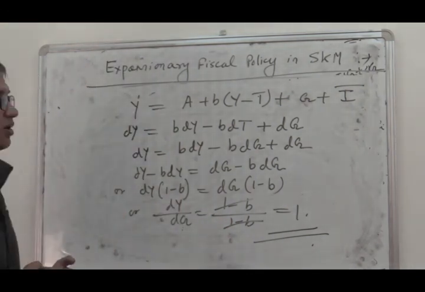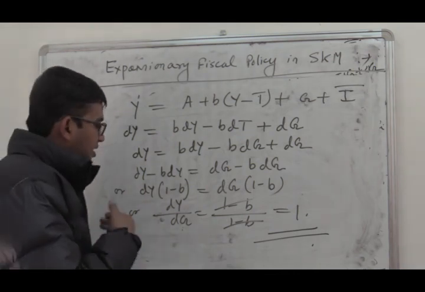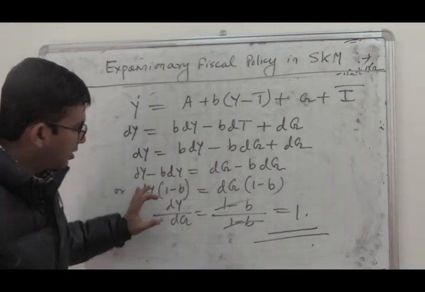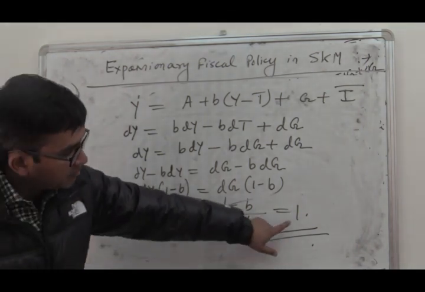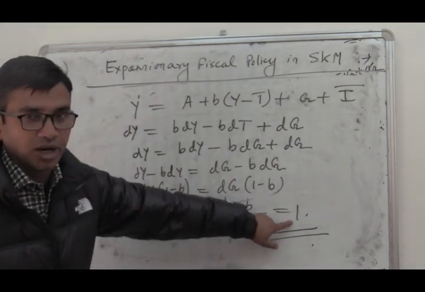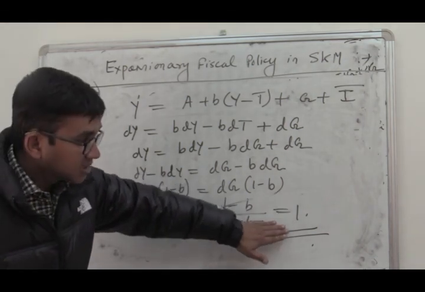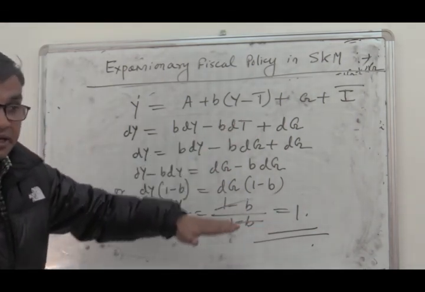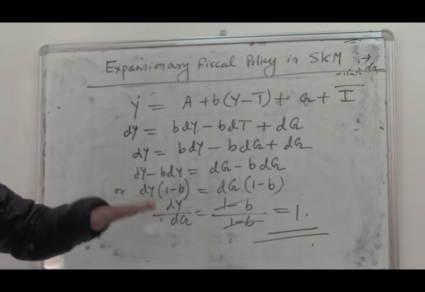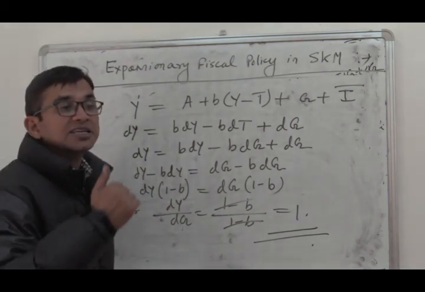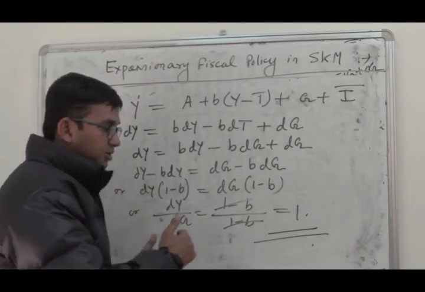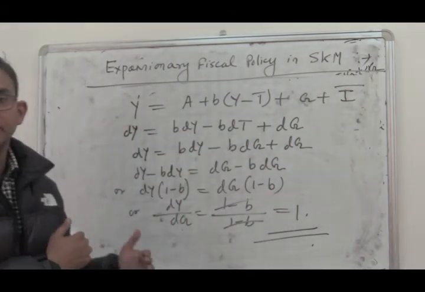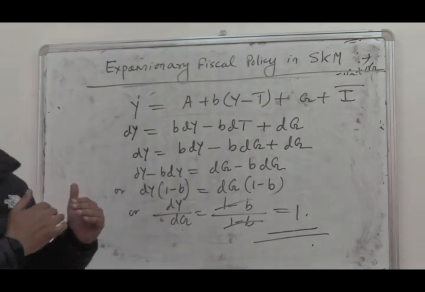In this case, national income will definitely increase, but it will not have the multiplier effect. The multiplier value will be 1, not more than 1. To some extent, the effect of increase in government expenditure is nullified by the effect of increase in taxation. That's why it becomes 1. So these are the multipliers in the simple Keynesian model.